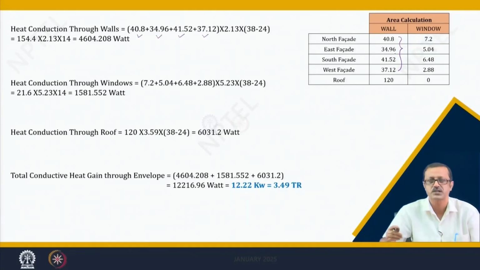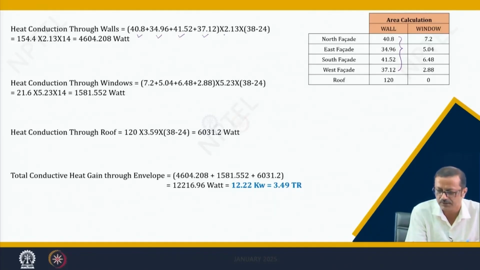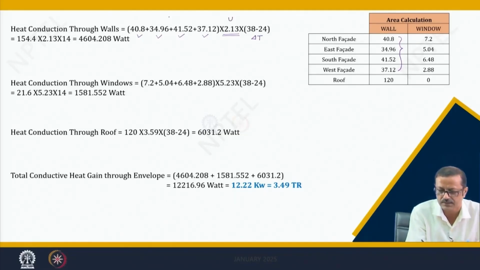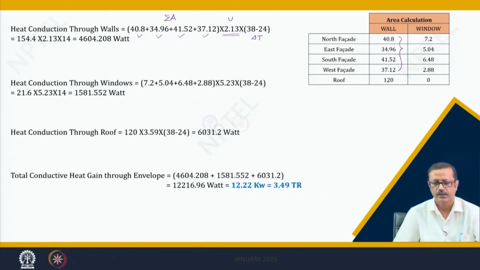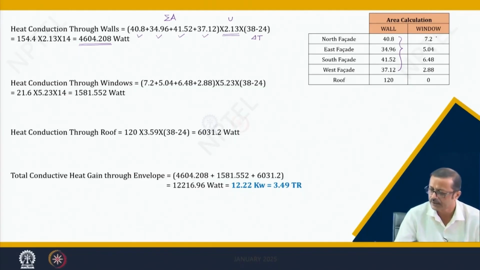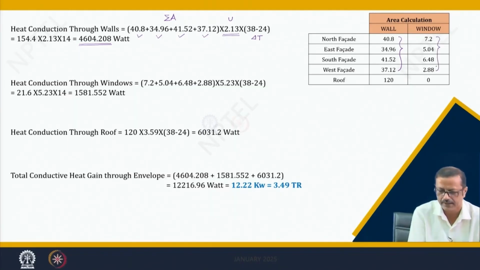Those are summed up and multiplied by the U value of the wall, which is 2.13, as I mentioned in the very first slide, and this is the delta T. So this is the delta T value, this is the U value, and this is the sum of the areas. If you multiply these, you will get 4604 watt. Similarly, the window areas are also added up over here.